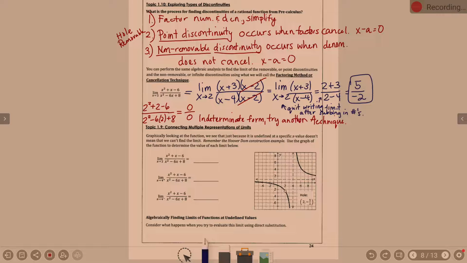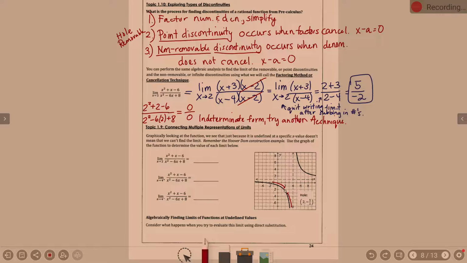So as we look at this graph, as x approaches 2, what are you seeing? As x approaches 2, there's a hole. So what's that say about the limit? Can the limit still exist there? Yeah, it's approaching that hole. It doesn't matter that it's a hole, it's approaching that hole.